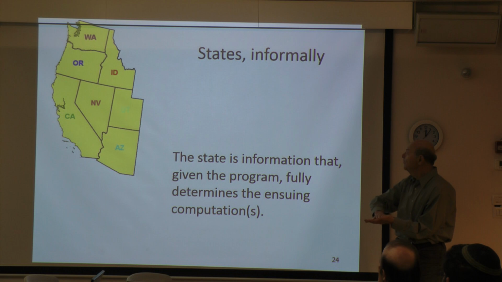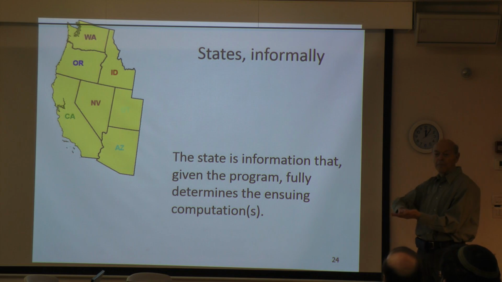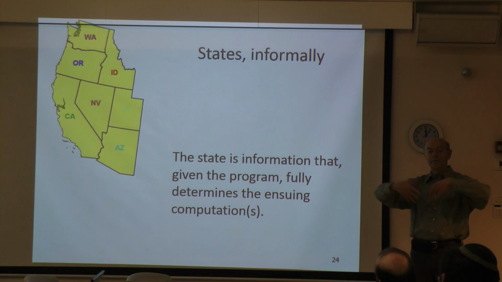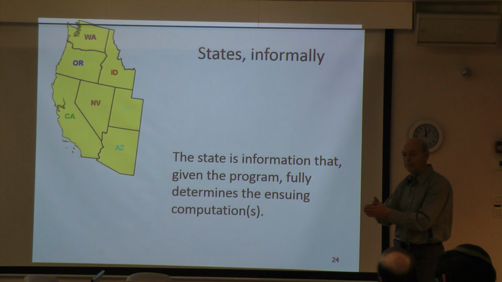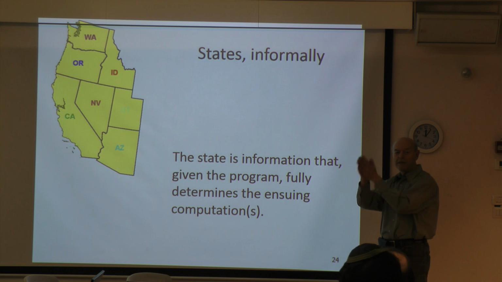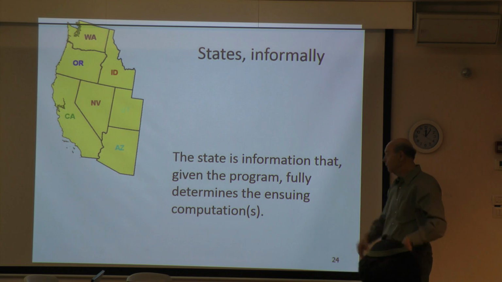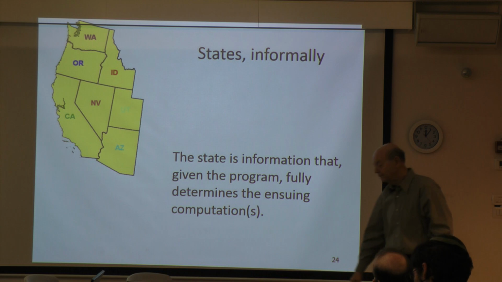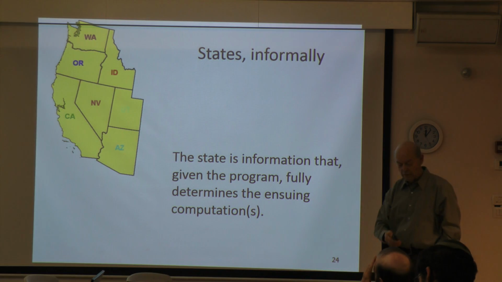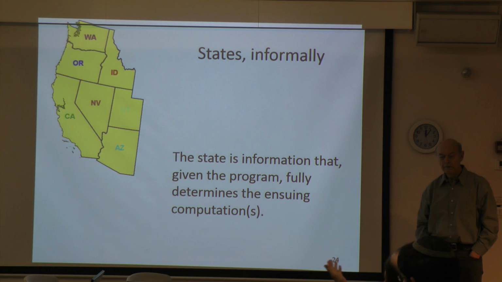So here we speak about deterministic programs, but this definition is more general, and will apply even if there are many computations, even if not deterministic. Even if you just write an assembler and you have to define the state, it was clear a long time ago it's more than the variables.